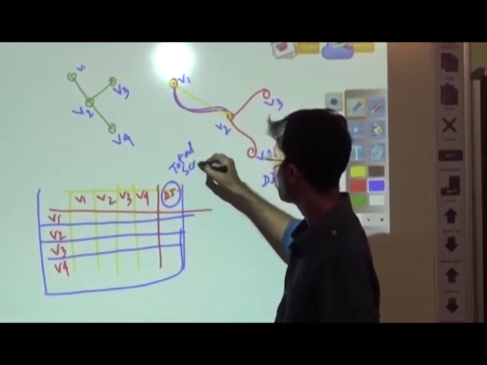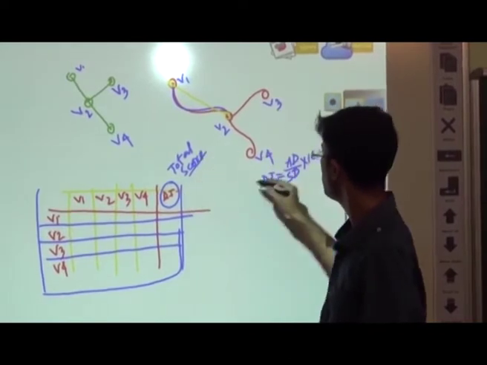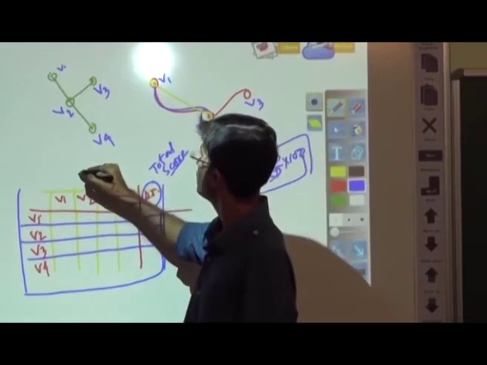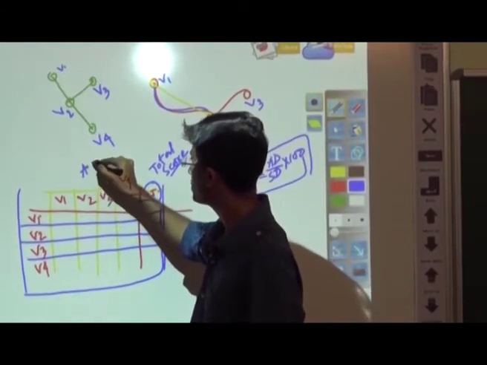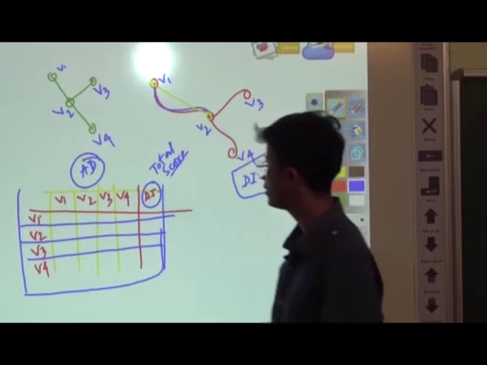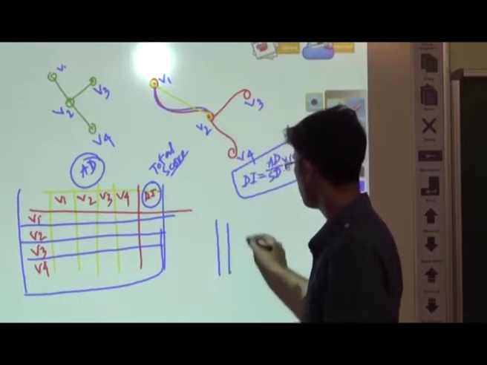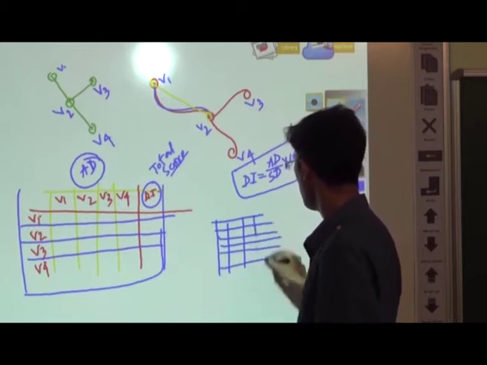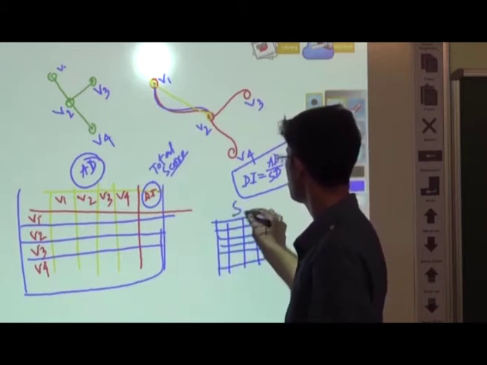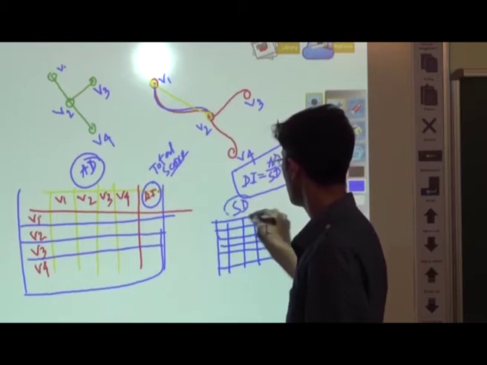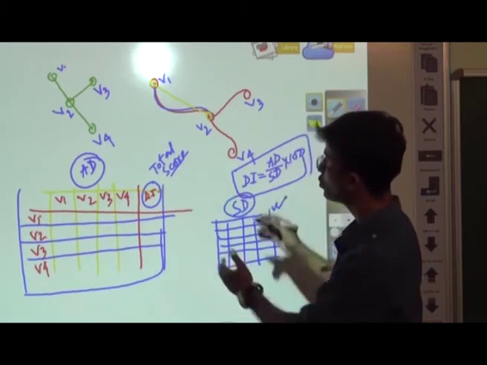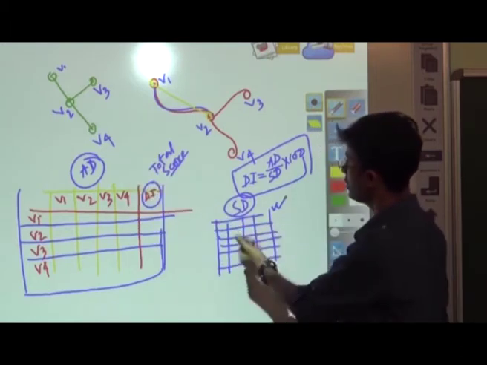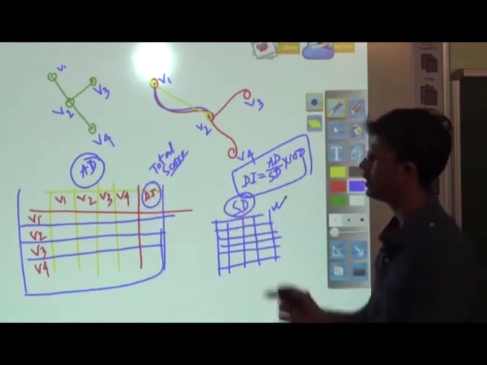Based on the total score, we have to calculate the detour index using this formula. In this case, for the actual distance, this is the table, and in the same way we have to prepare another matrix table for straight line distance, and based on these two total scores, the actual distance and straight line distance, we have to calculate the detour index value.